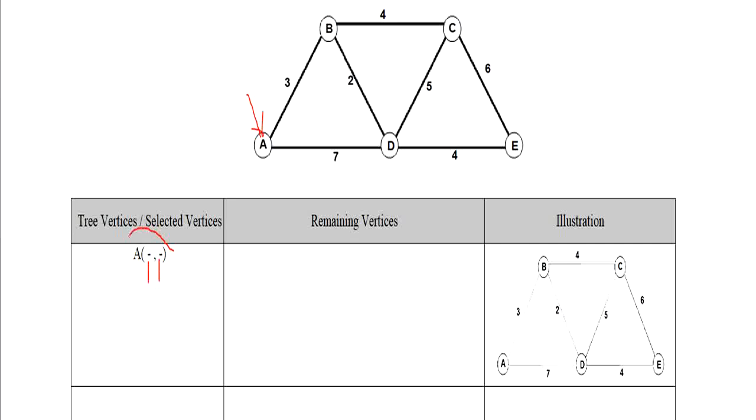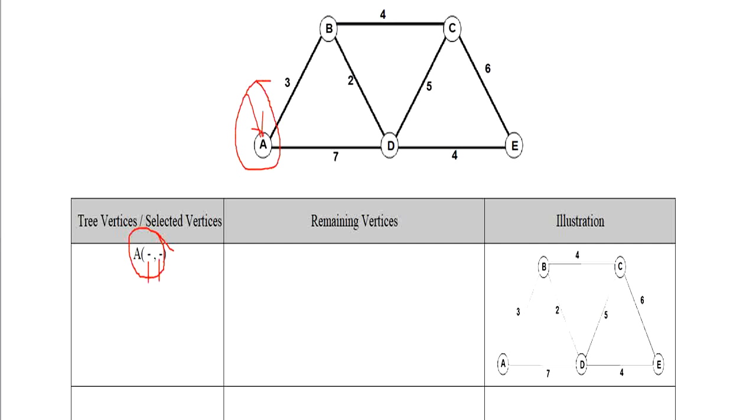As I have taken vertex A as the starting vertex, A has dash and dash. For easier representation, I have blurred the graph, keeping only the edges, weights of the edges and the vertices as an activated graph.